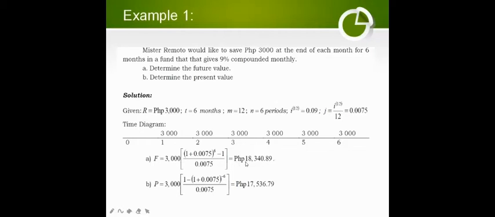Now, the amount or the future value is 18,340.89. What is the present value? So, 3,000 multiplied by 1 minus 1 plus 0.0075, that is raised to negative 6, all over 0.0075. Now, the amount is 17,536.79. This is now the present value.